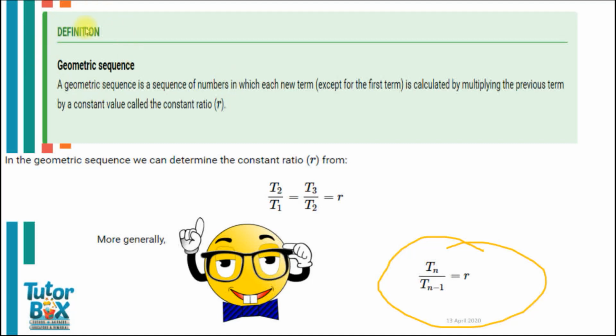But for a geometric sequence, to get your constant ratio, it's a ratio, not a difference. You take your next term divided by your previous term: T2 divided by T1, T3 divided by T2, T4 divided by T3, and so on.